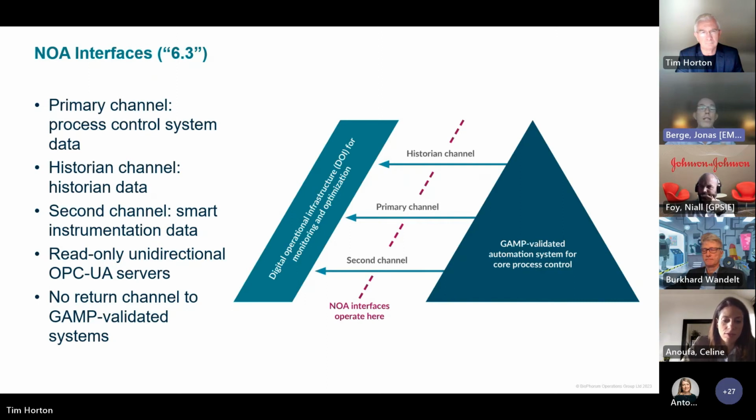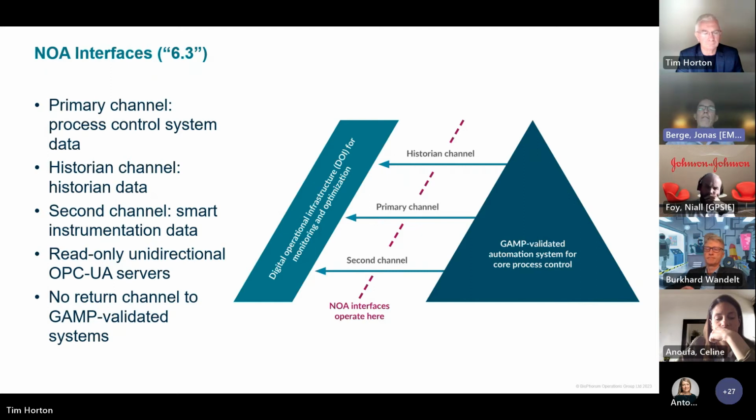The OPC UA server is read-only, or unidirectional, to prevent information flowing from the M&O zone to the CPC zone. The historian channel carries data from the local plant historians and enterprise historian. This interface is also unidirectional.